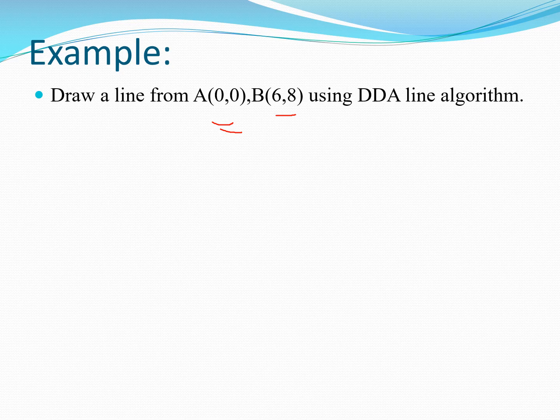Next, finding the slope: how do we find it? It is given by the equation m equals delta y divided by delta x. Delta y and delta x are the differences, x2 minus x1 and y2 minus y1.